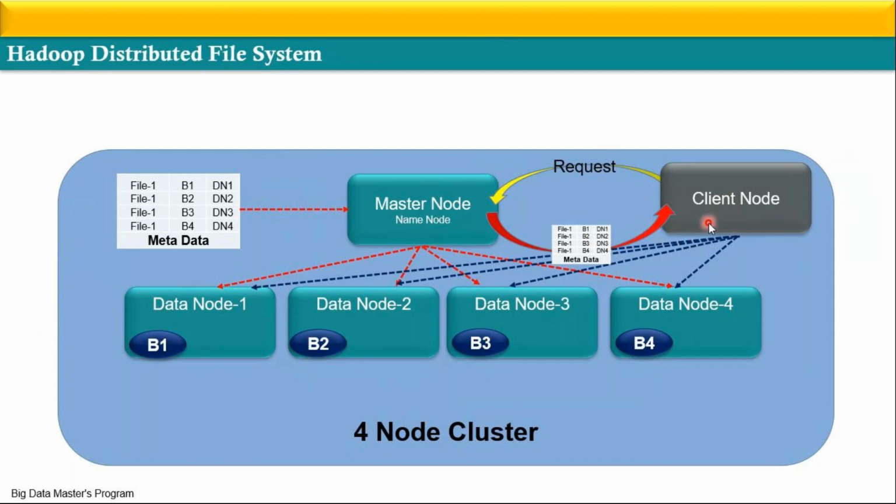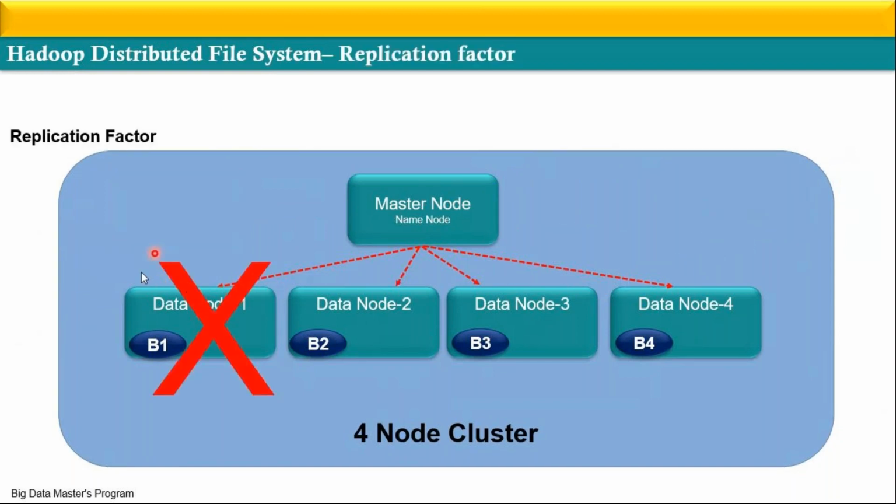That is perfectly fine, but the main challenge is if this particular data node 1 is dead or lost. It might be possible, because we are having a clustered environment with multiple machines, that one machine is dead because of power failure or certain communication issues. The master node does not have a connection with this machine.